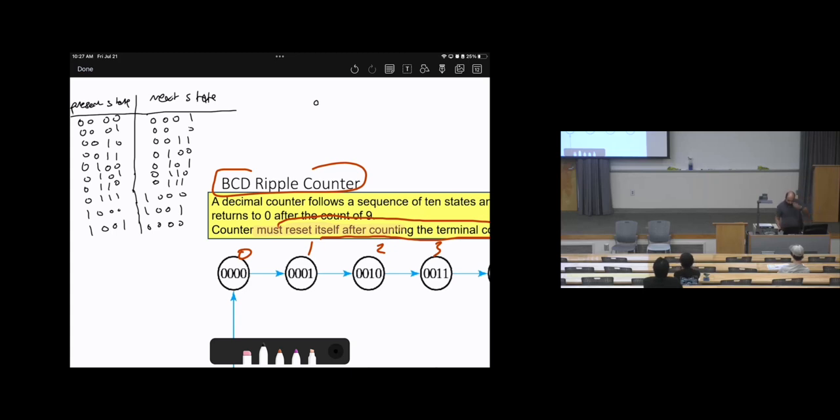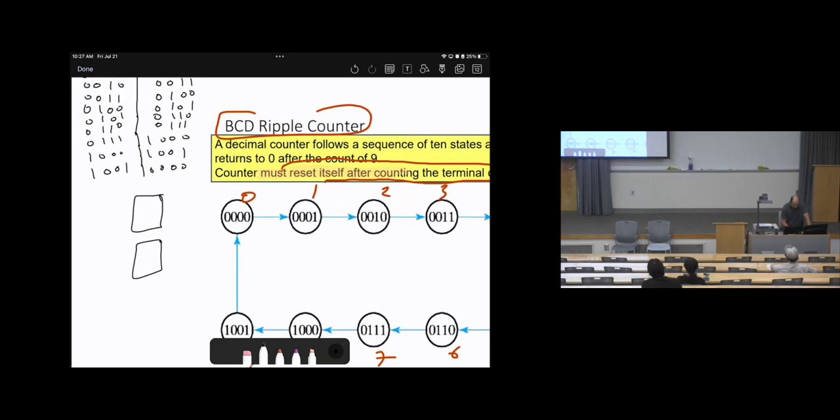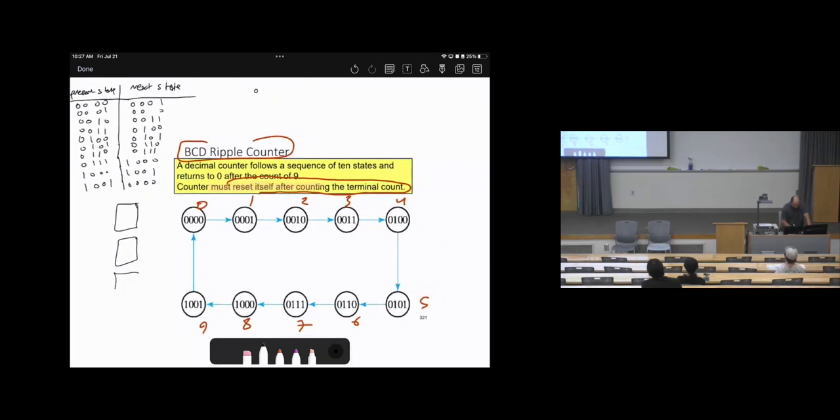Okay. Since we have 4 bits, we need to have 4 storage elements, which is 4 flip-flops.